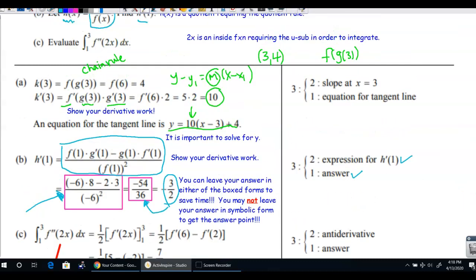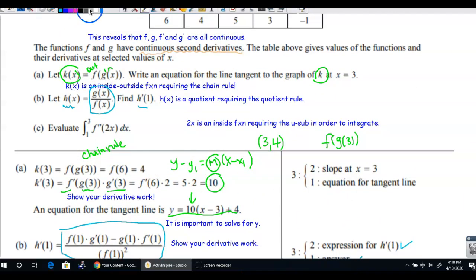And then the last part of number 6 is letter C. We are evaluating a definite integral. All right, so if we're going to differentiate f double prime, we're going to get back f prime. I think I said differentiate.